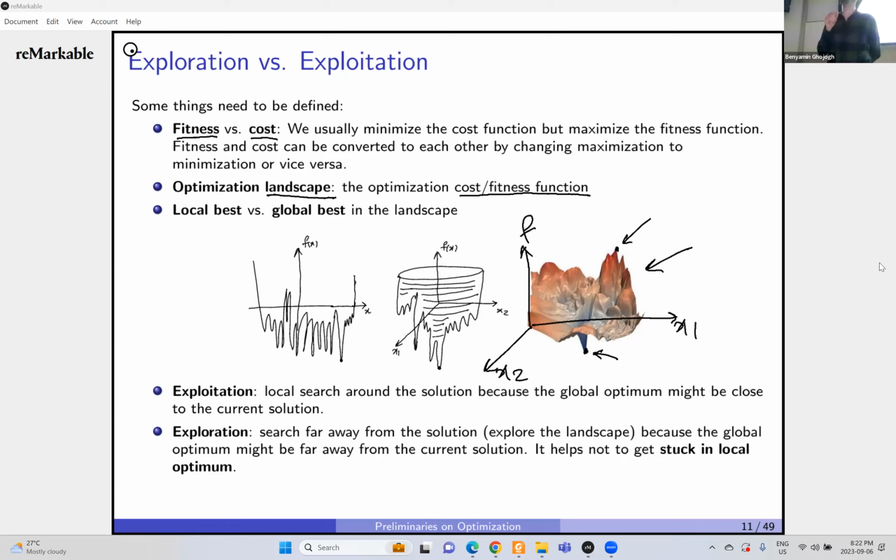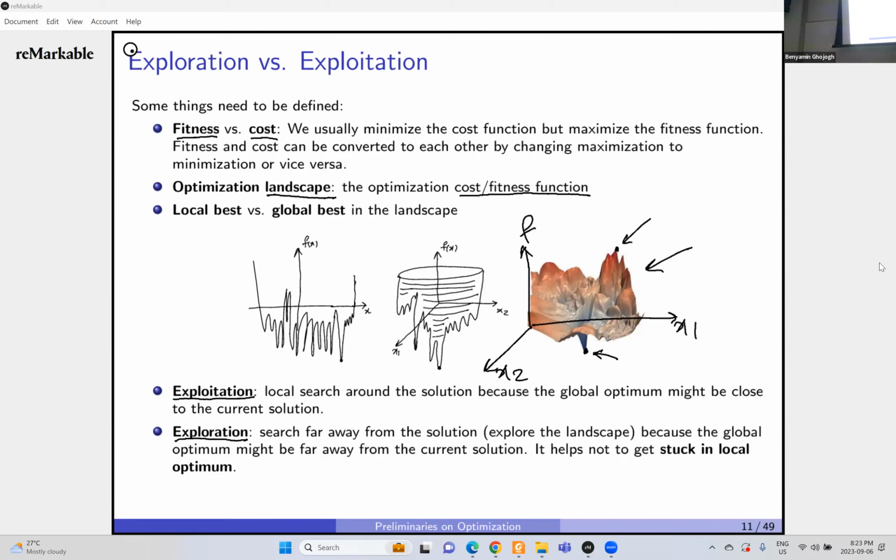And there are two important concepts in metaheuristic optimization. One of them is exploitation, and one of them is exploration. I think by the name, you know what these are. We use them a lot also in real world language. So what do I mean? Whenever I have some optimization landscape, I'm somewhere in this optimization landscape.